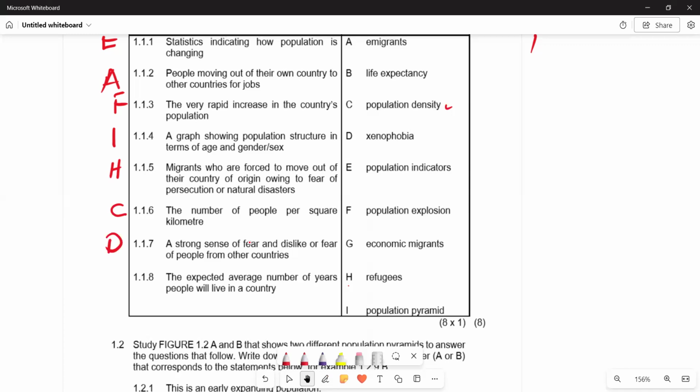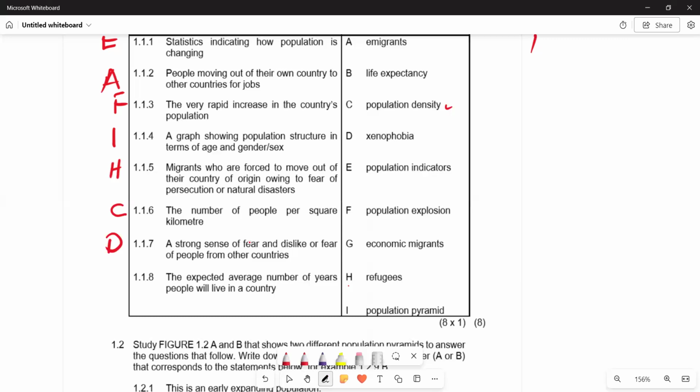Basically, xenophobia is described as a fear and hatred of strangers or foreigners or anything that is strange or foreign. So the hatred that we have for foreigners or anything that you might deem strange in your life is what we call xenophobia.